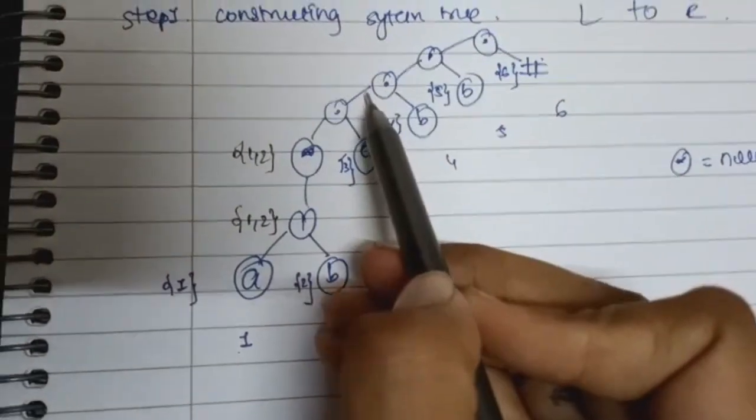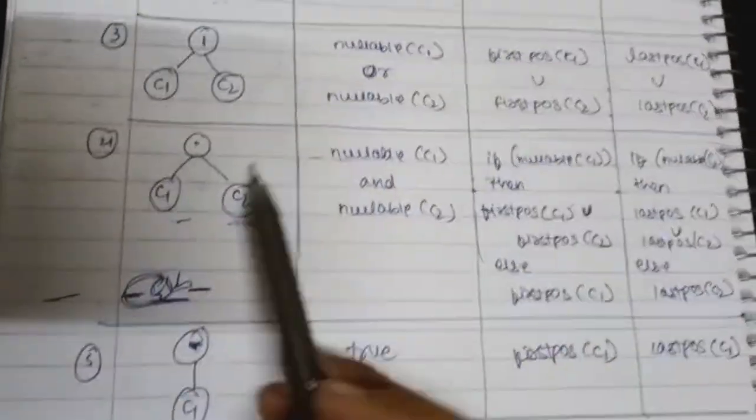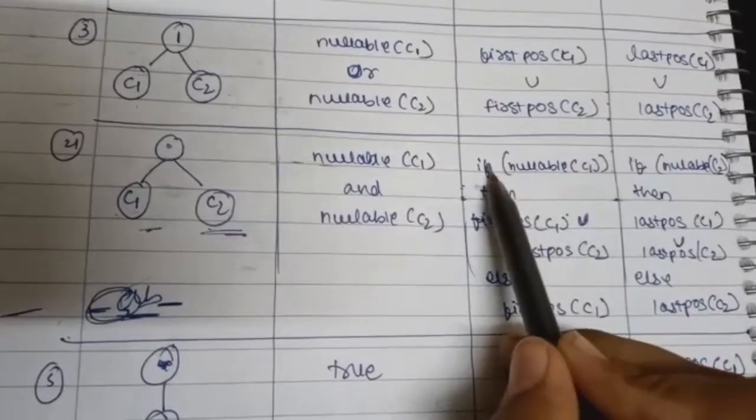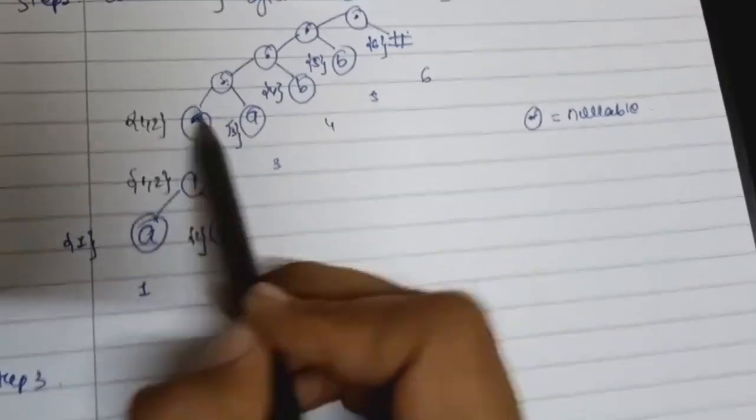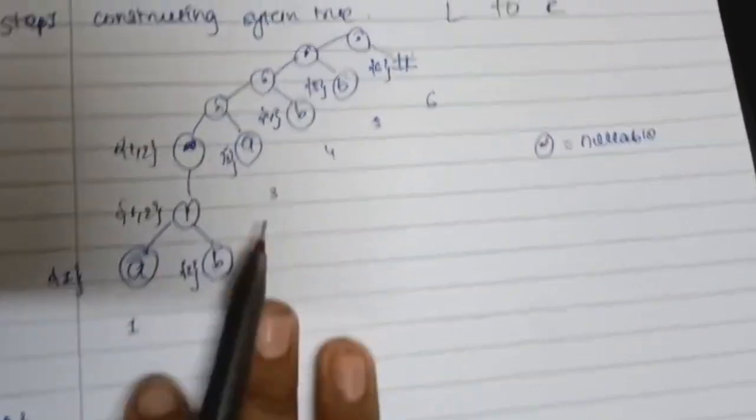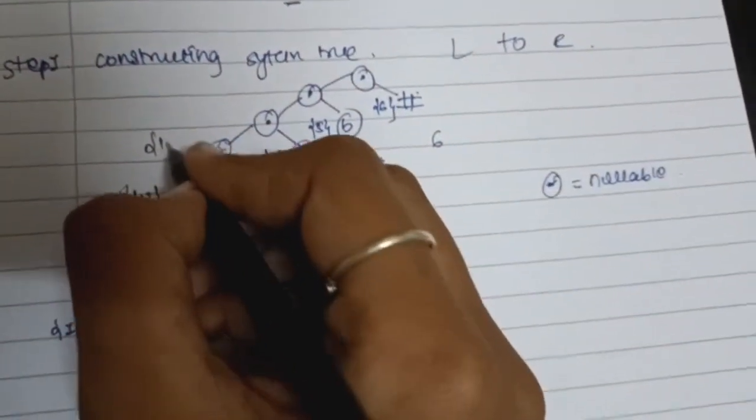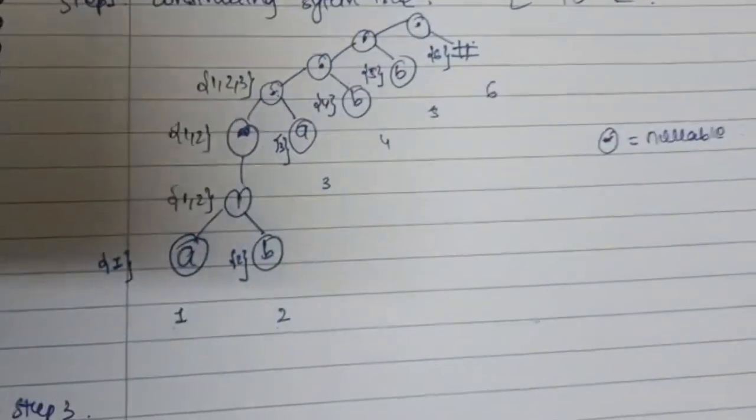Now, how do we calculate the first position of the concatenation operator? We need to check if C1 is nullable. Yes, our C1 is nullable, so it is the union of the first positions, that is 1, 2 and 3.